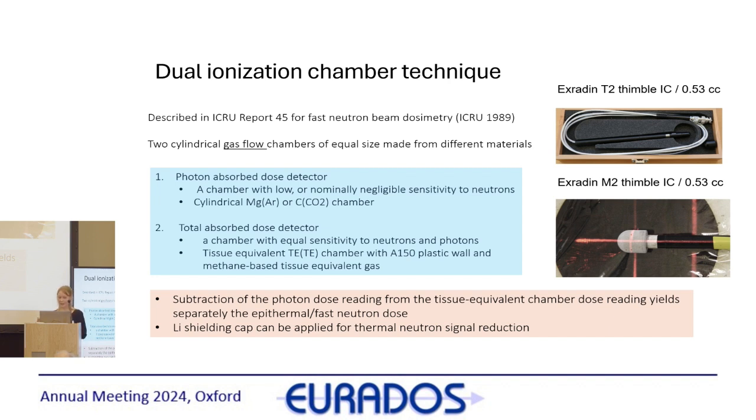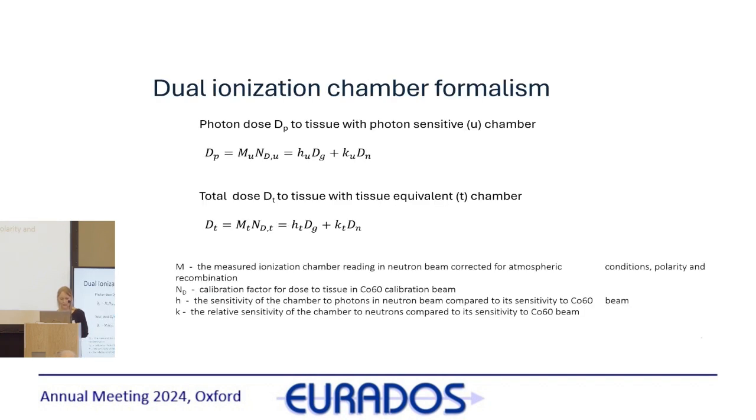Sometimes lithium shielding has been used around the T chamber, so that you can filter out the thermal neutrons. This formalism is quite simple. Unfortunately, these chambers are still calibrated in cobalt-60 beam because we don't have a reference neutron beam, which increases uncertainty of the method.